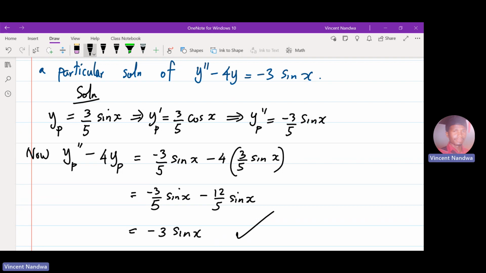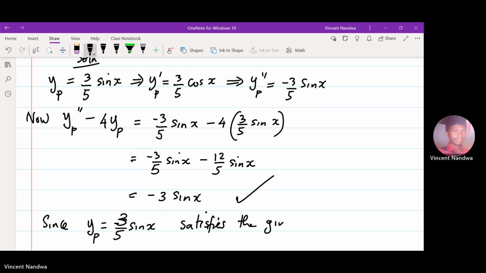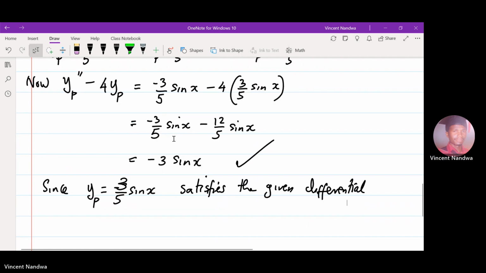So therefore, since y_p equals positive 3/5 sine x satisfies the given differential equation, then it is a particular solution.